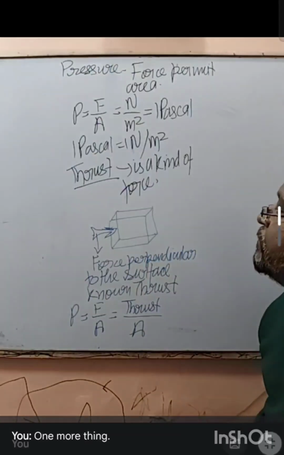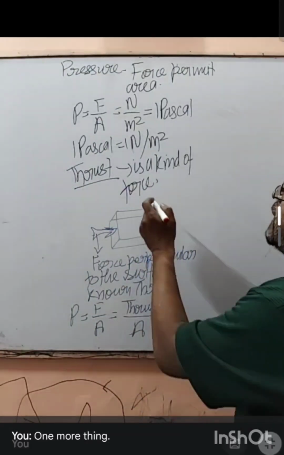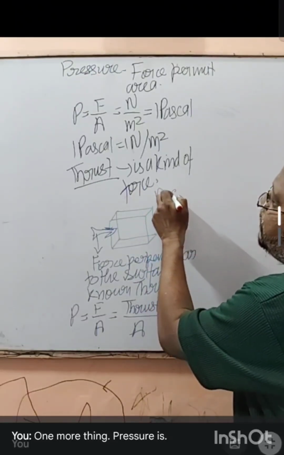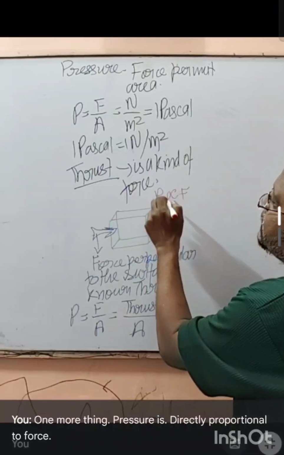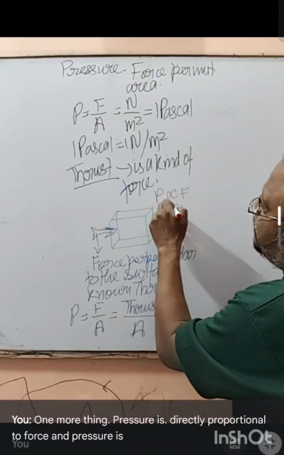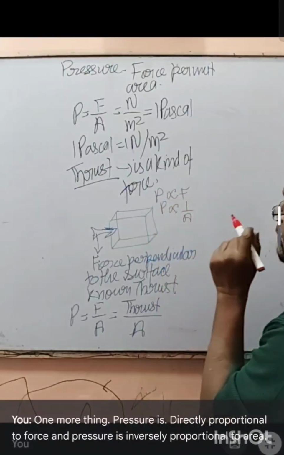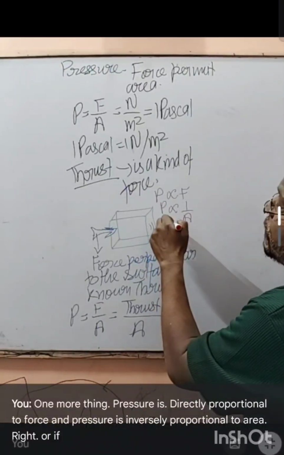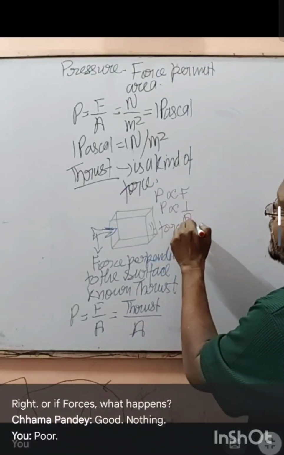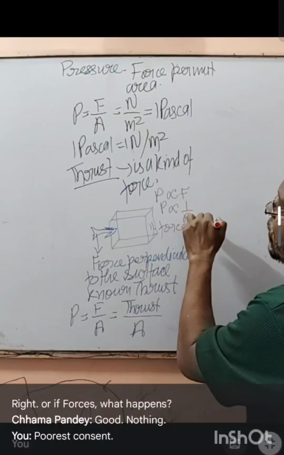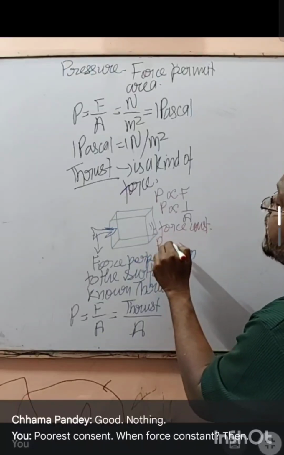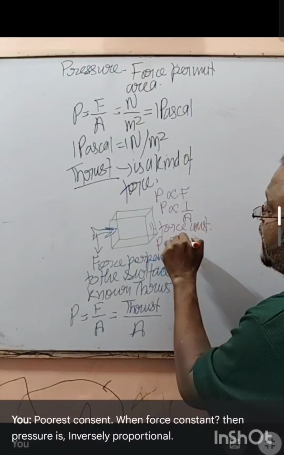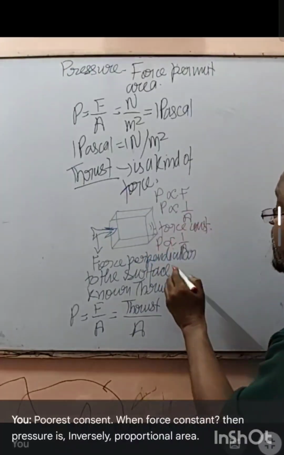One more thing. Pressure is directly proportional to force and inversely proportional to area. If force is constant, then pressure is inversely proportional to area.